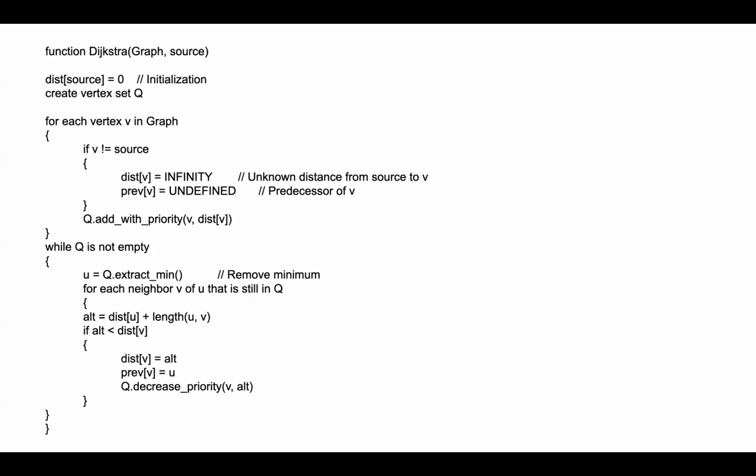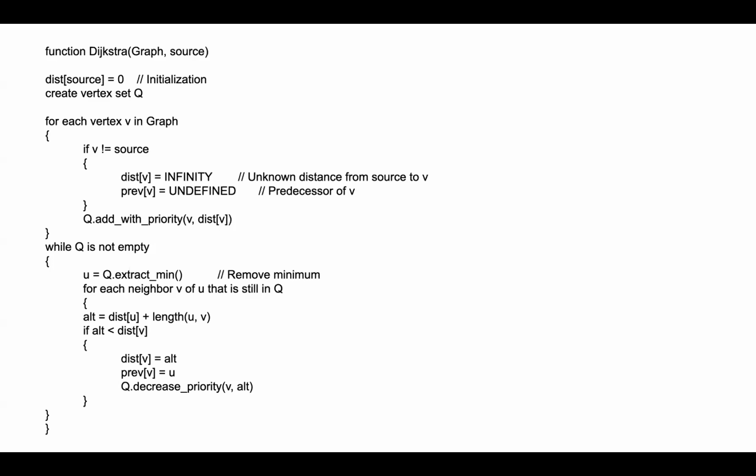Then for each vertex V in the graph, if V is not equal to source, we are taking only one source. In Dijkstra's, only one source vertex is there. And V is the destination vertex. But destination vertices are many in number.